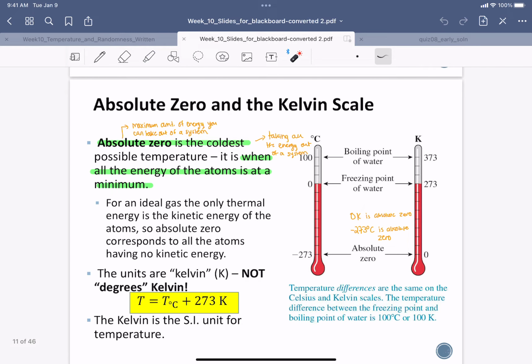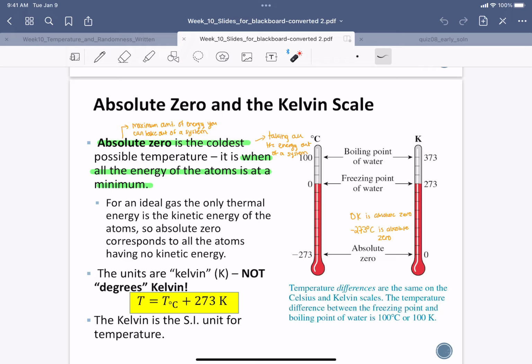Absolute zero, all the energy is at a minimum, right? If you have, for example, an ideal gas, there's not much interaction between the molecules of gas, so you don't really have potential energy, so it's mostly just kinetic. Absolute zero is the temperature at which energy is minimum.